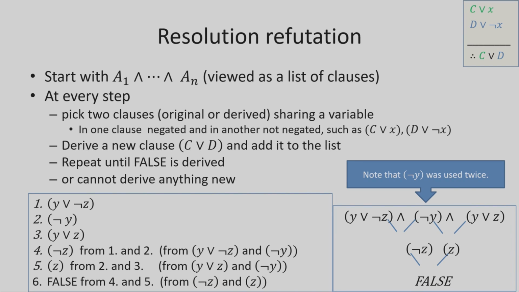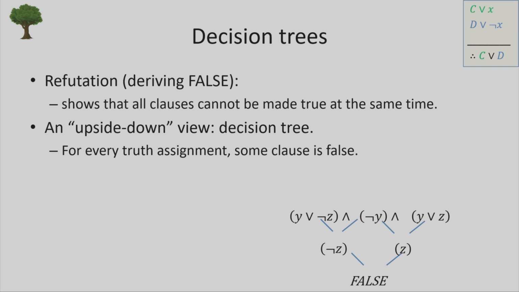So let me show you a slightly different view of resolution refutation, which is a little bit more algorithmic. So here is a refutation that we just did. Now let's think about it in an upside down way, as a decision tree.